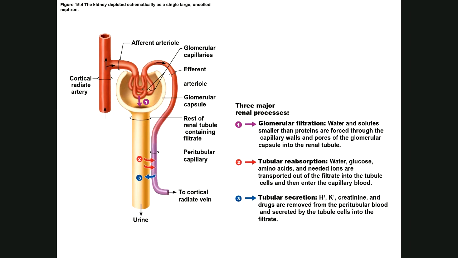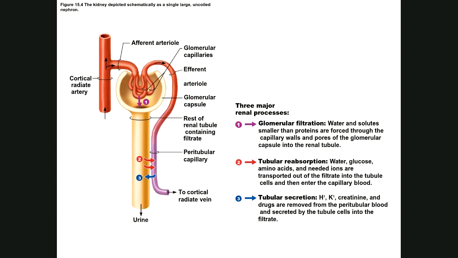Some useful substances, as we mentioned, will go back into the circulation, into the peritubular capillaries, the other capillary network that we have just described. Sometimes there are some harmful substances, or substances that are not harmful but are in high concentration, or additional waste products which are not completely filtered, so those will be additionally secreted into the tubular system. So that's why the urine is going to be more modified on its way by secretion and reabsorption.